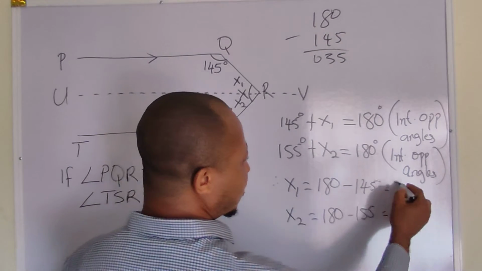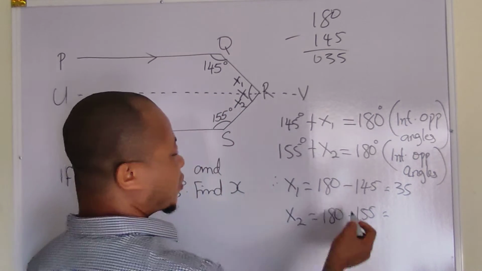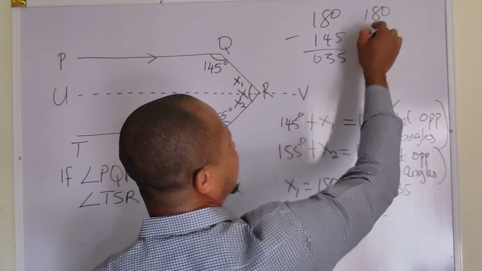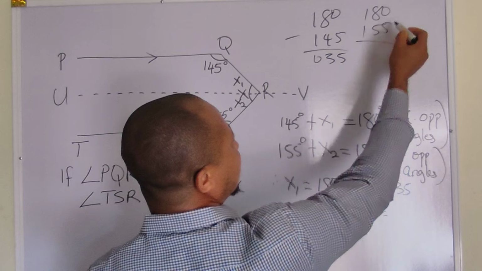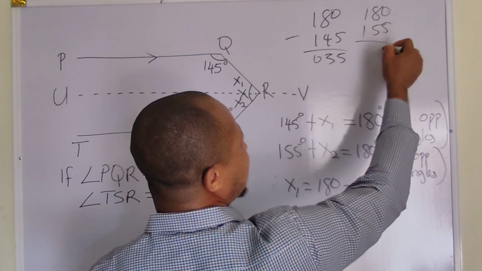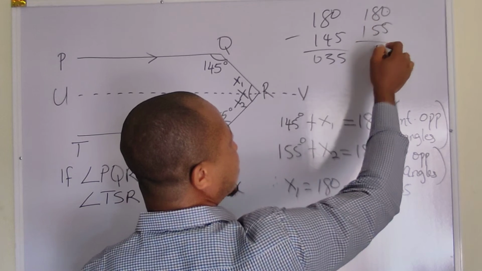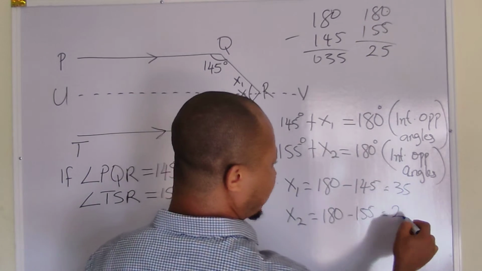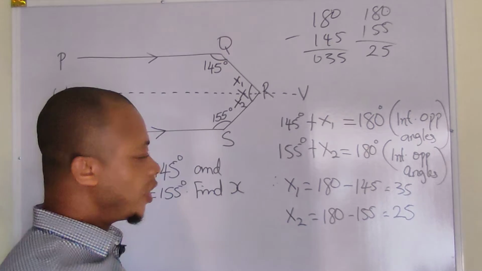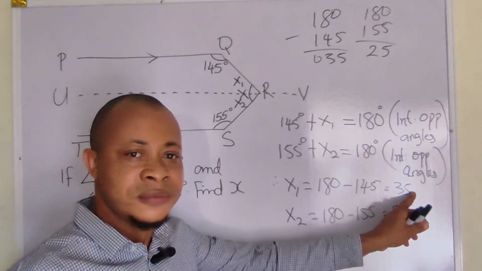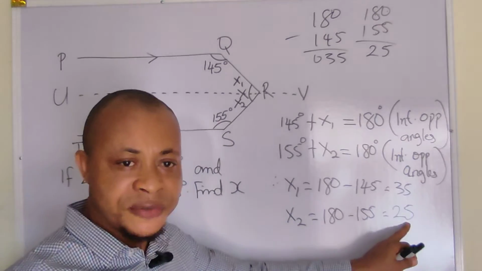So we have 35. Now let's subtract 155 from 180. The same thing here. Borrow 1 here. 10 minus 5 is 5. This remains 7. 7 minus 5 is 2. So this is 25. Okay. Now x1 is 35 and x2 is 25.